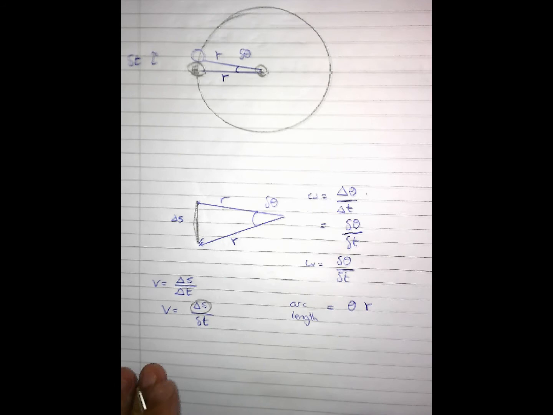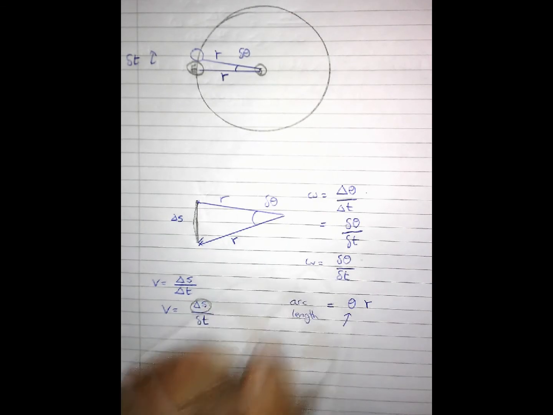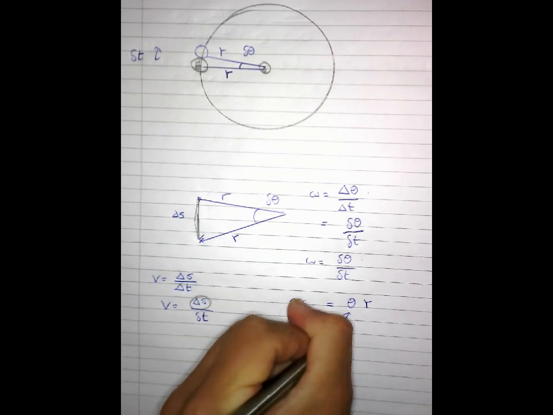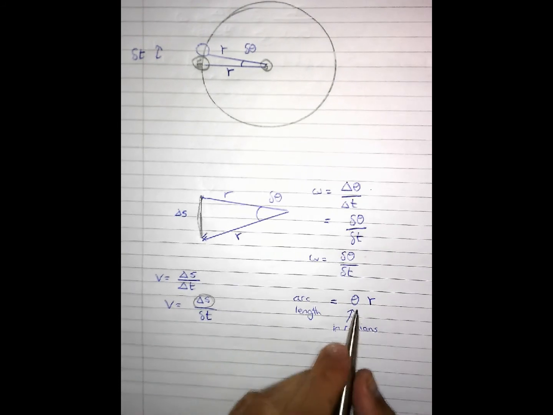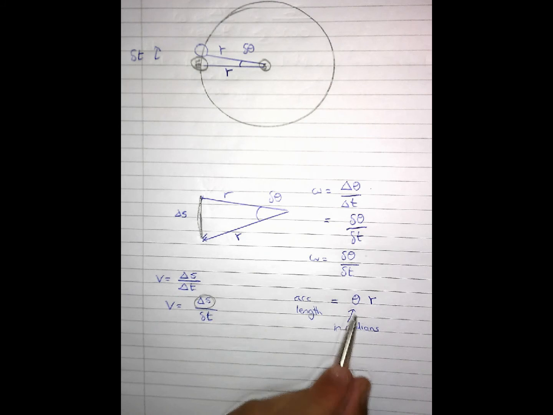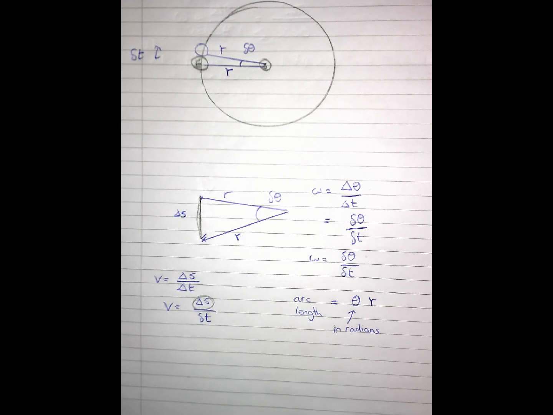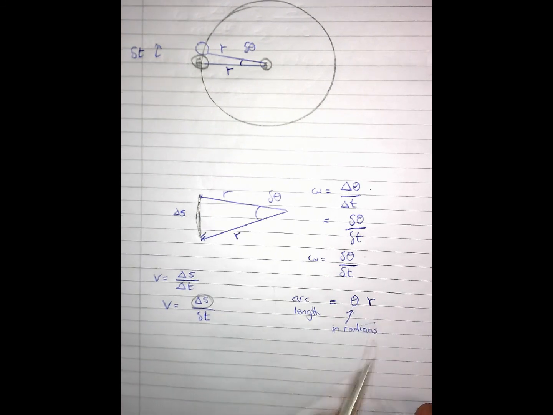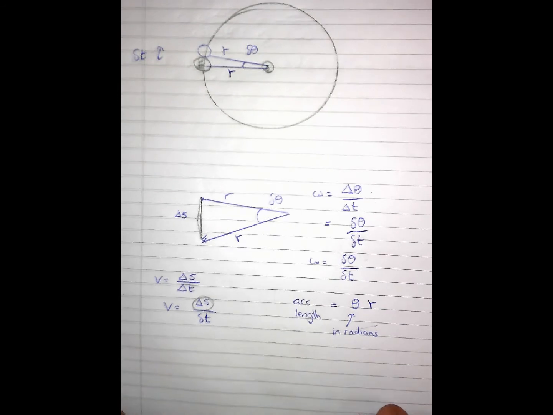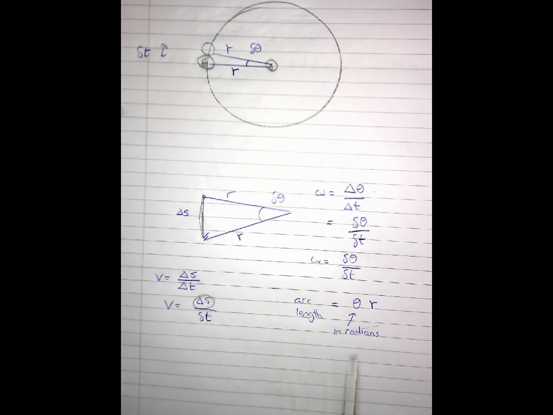You may recall from maths that what's important here is this has got to be in radians for that formula to work. If theta's in degrees, that formula becomes more complicated. And that's partly why I said earlier that when we deal with angles and circular motion, 99% of the time we deal with them in radians so that we can use this idea and what we're going to derive from it. So this arc length is theta r.